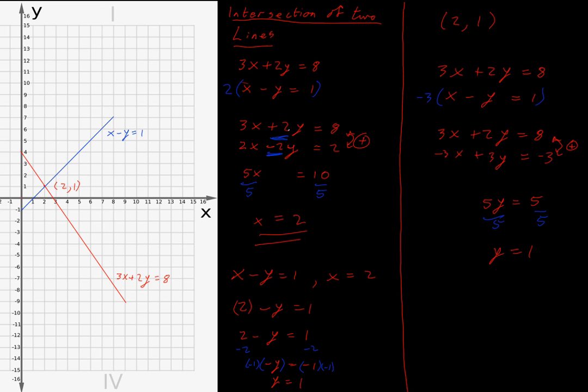You're always going to aim for getting the same number with a different sign in front of one of your letters, either x or y. And if we do that, it becomes very simple solving of equations that we can all do very confidently at this point. So that's what we need if we're ever asked about the intersection of straight lines. We can use it graphically, or we can do our simultaneous equations. And that's what we need for now.